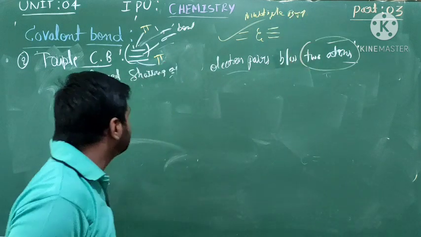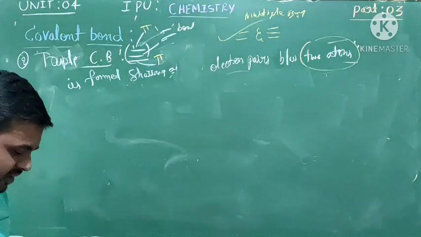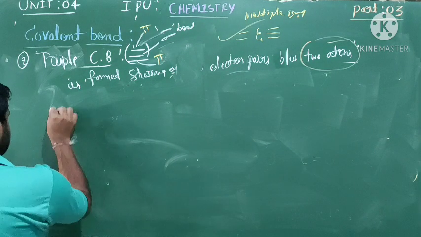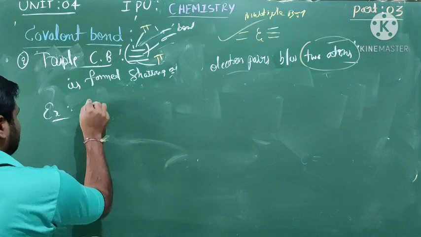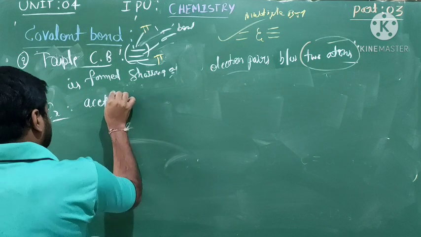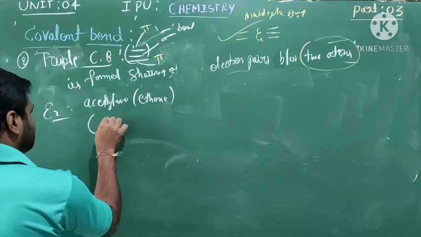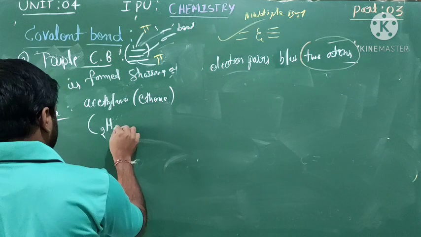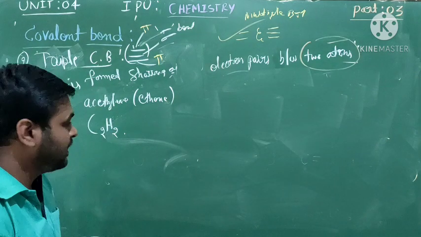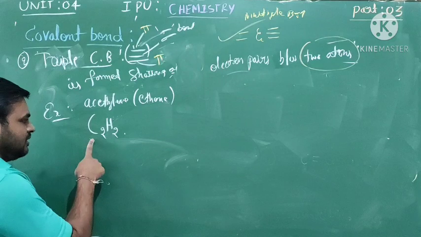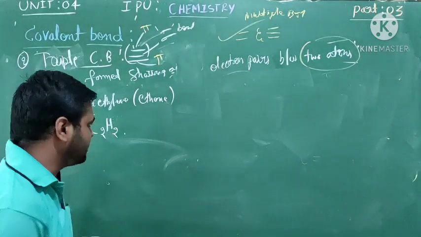We discussed the triple bond. An example is acetylene, C2H2. Carbon, 2 atoms, hydrogen, 2 atoms.